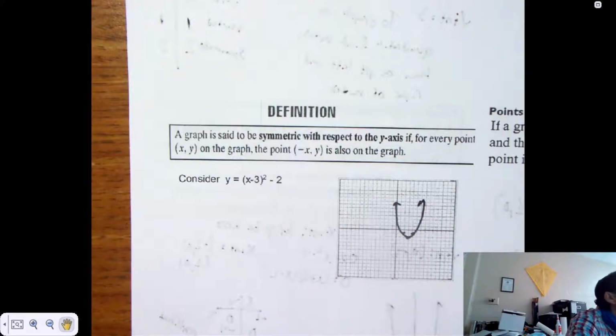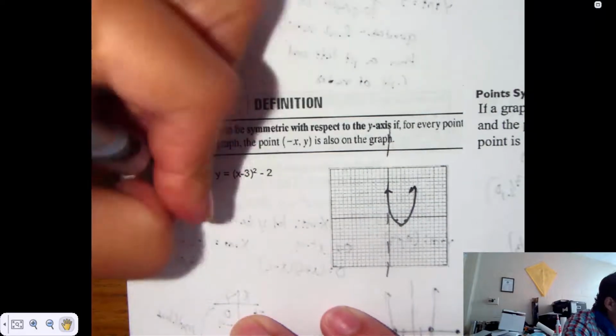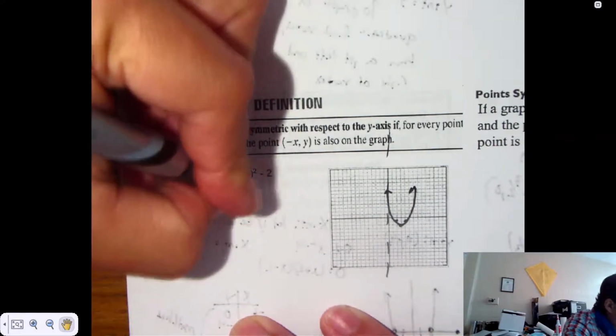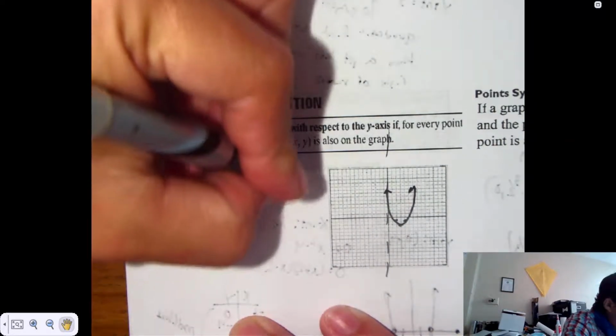Now, I have no idea why that example is there. Does that thing have symmetry with the y-axis? Does it have y-axis symmetry? The y-axis is way over here. This is a horrible example. Should not even be there. So let me redo this one.